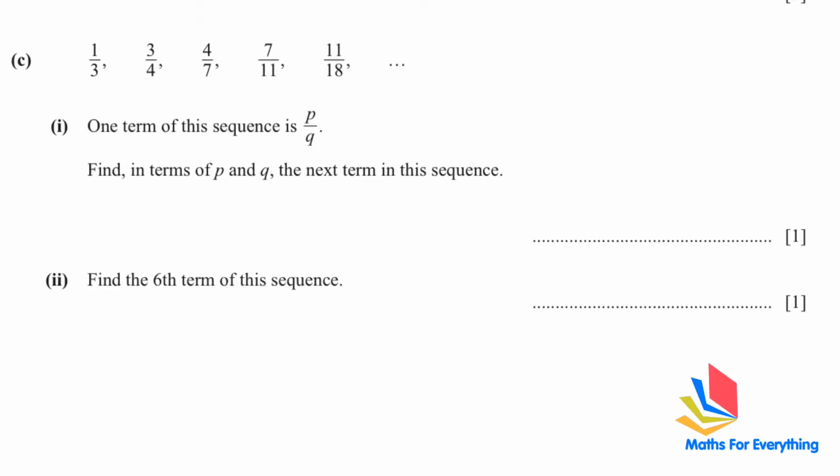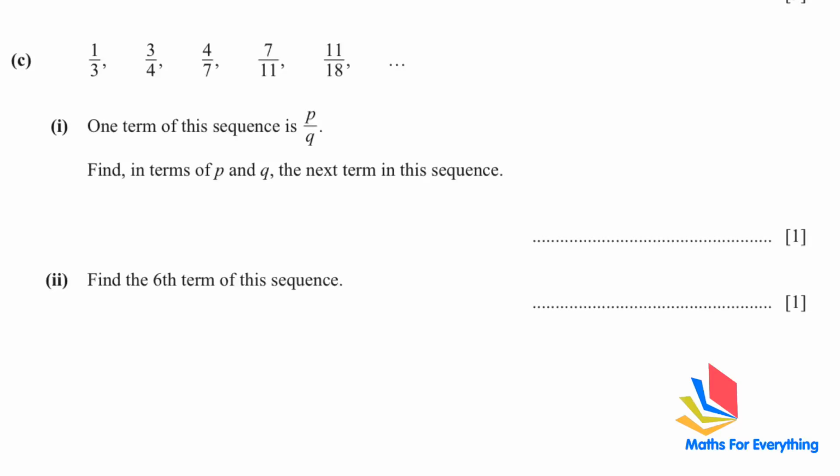We have been given another sequence. 1 over 3, 3 over 4, 4 over 7. What do you notice? That the denominator is your next numerator, and the sum of the numerator and the denominator is the next term's denominator. So one of the terms of the sequence is P over Q. What is the next term going to be?